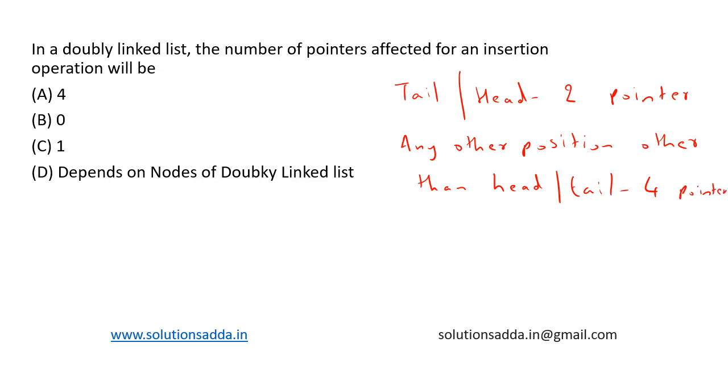So insertion in the middle, surrounded by 2 other nodes, will give 4 pointer modifications, or insertion at the tail or head of the doubly linked list would require 2 pointer modifications. So none of the options here are matching. Actually, depends on nodes of doubly linked list, that option is actually a vague option.